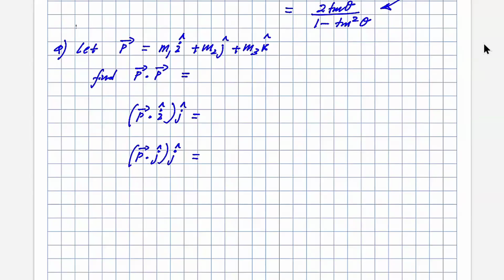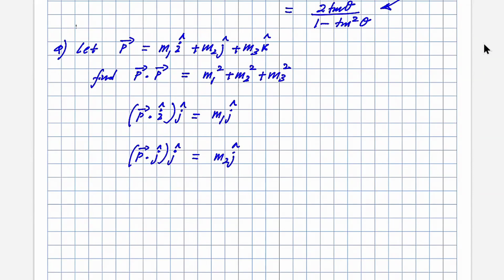Okay. So P dot P, you should get M1 squared plus M2 squared plus M3 squared. Check your answer. P dot I, okay. So this should be M1 J hat. This should be M2 J hat.